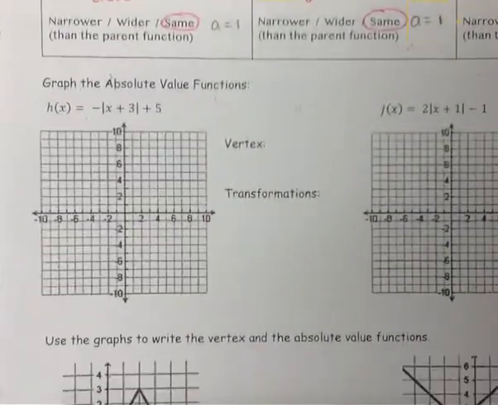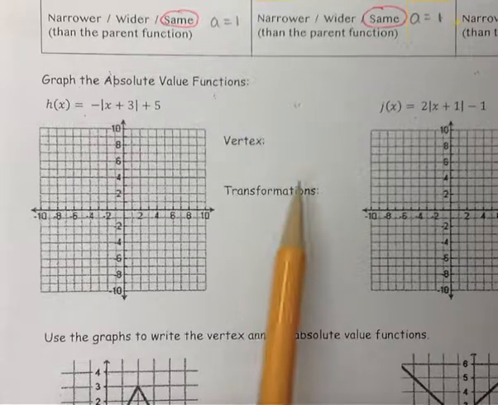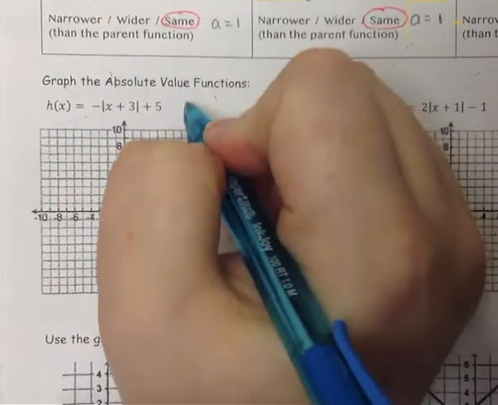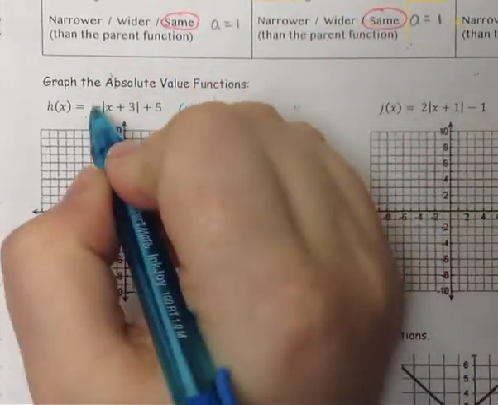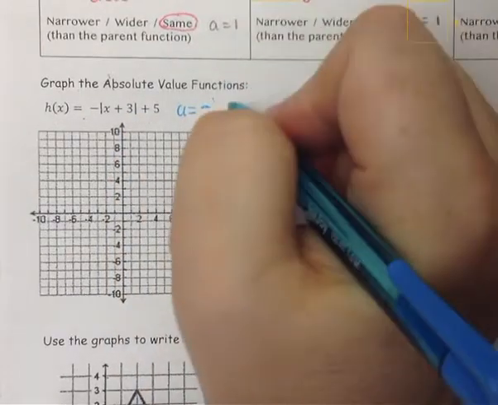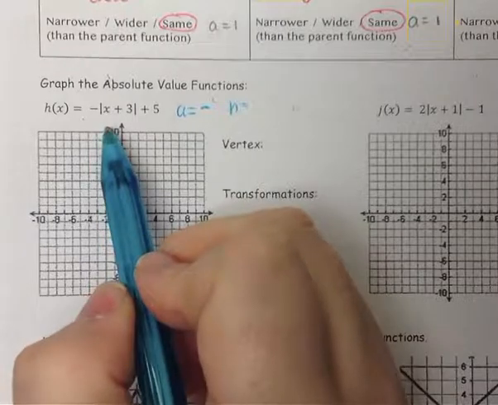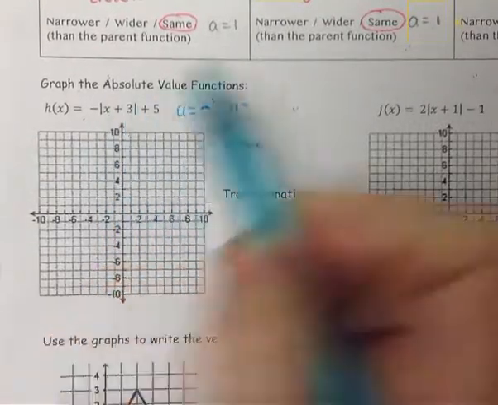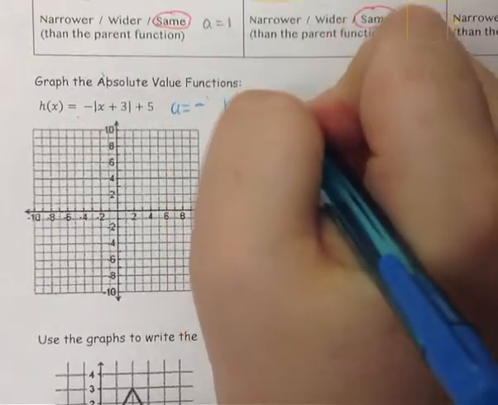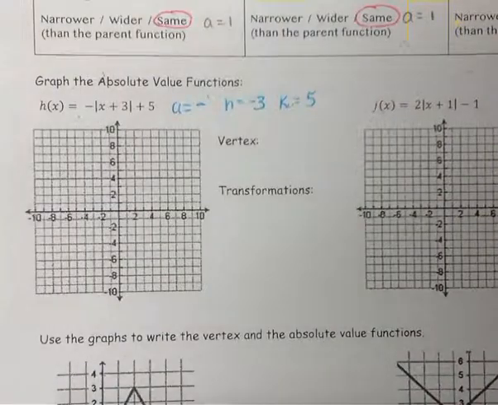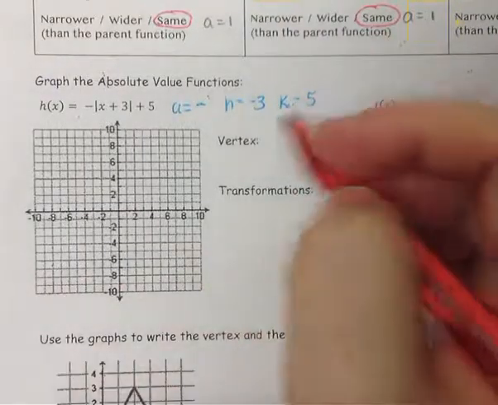So we're going to graph these absolute value functions, and again, we're going to use our transformations to help us. So for the transformations, we want to know our a, h, and k. So a is going to be a negative value. That tells us it's reflected over the x-axis. Our h is going to be x minus h, so x minus a negative 3. Our k value will be that positive 5 on the outside. So for the vertex and transformations, we can write this down.